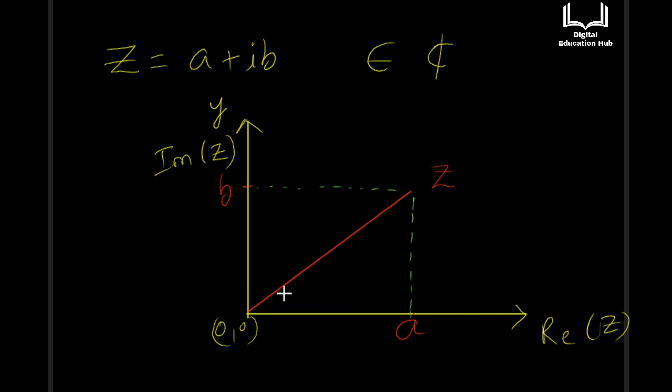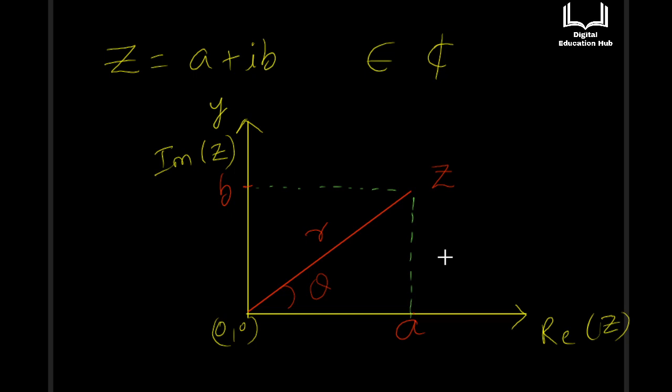Now here this angle is theta, and this becomes the r part, the radius. So according to this we will create the polar representation of this complex number.